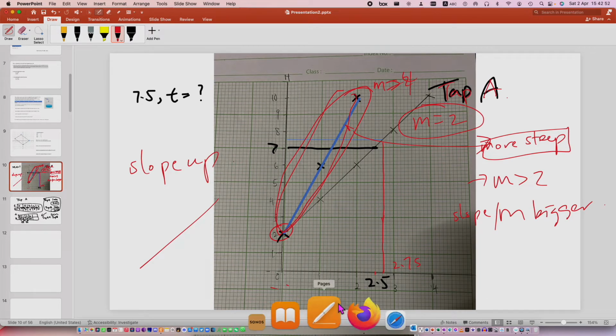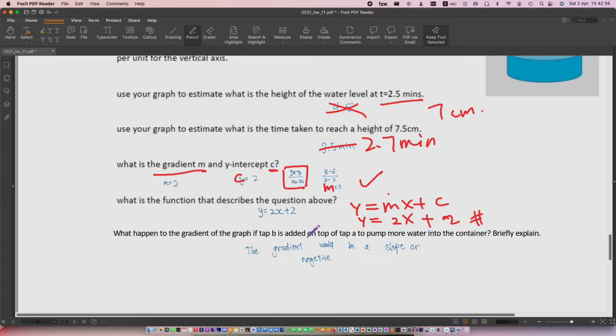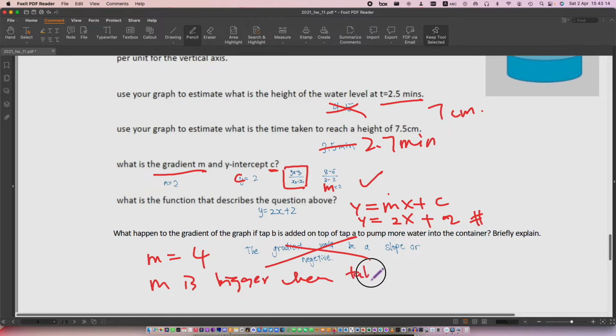You just explain the question like, okay, you get the table out, then you find the gradient is actually 4, right? Then you say the gradient. Basically you can write the gradient is bigger when tab B is added.